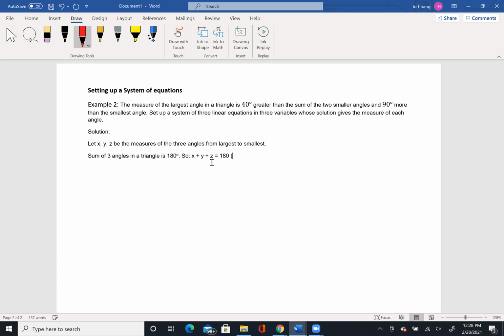That's going to be the first equation. What else?